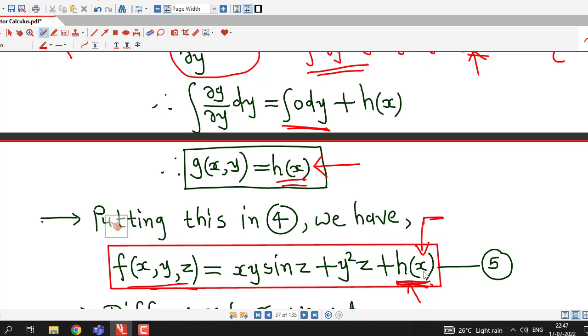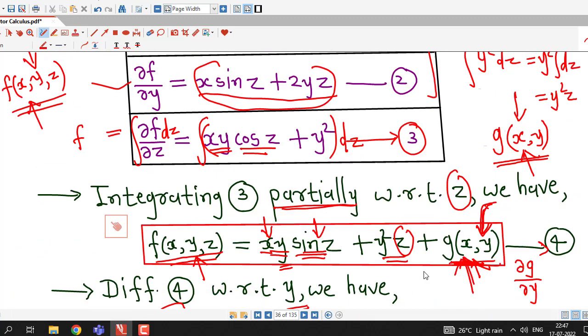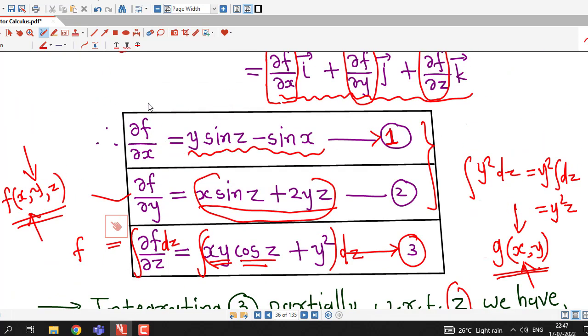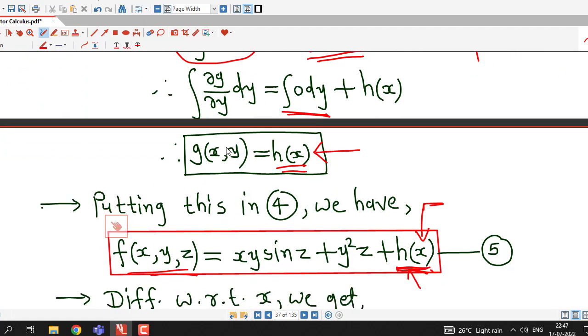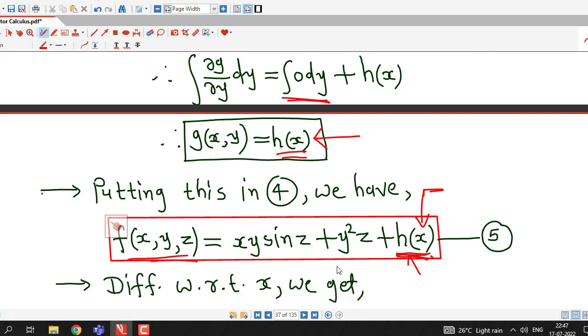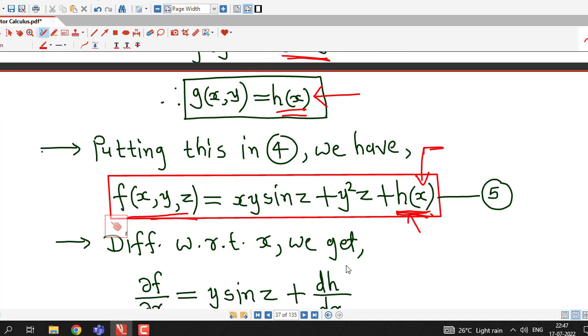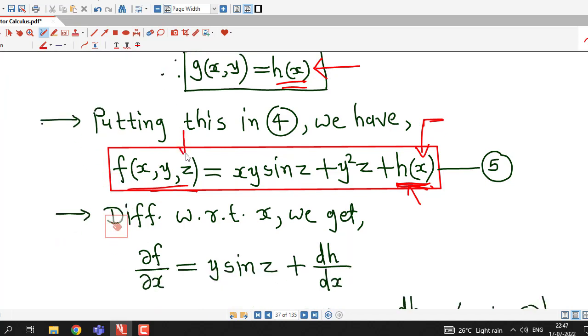So to decide h of x, now we will use equation number 1, which we have not used so far. In equation number 1 we have del f by del x. So we will differentiate this equation with respect to x, considering y and z as constant, with partial derivatives. The left hand side is the partial derivative of f with respect to x.